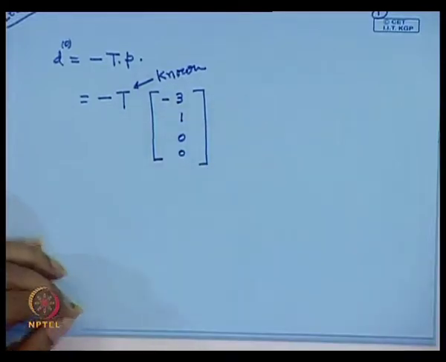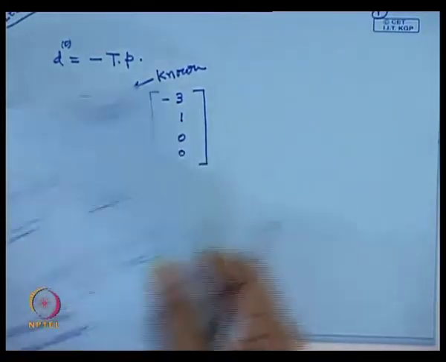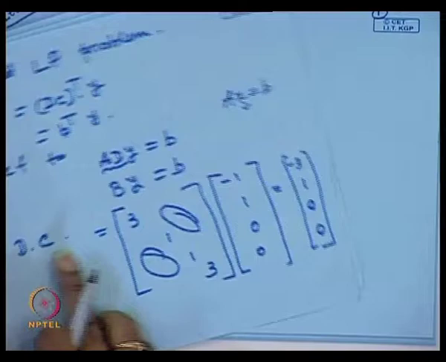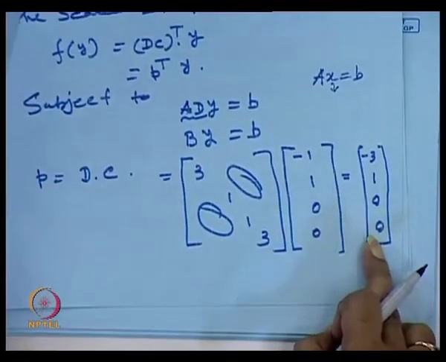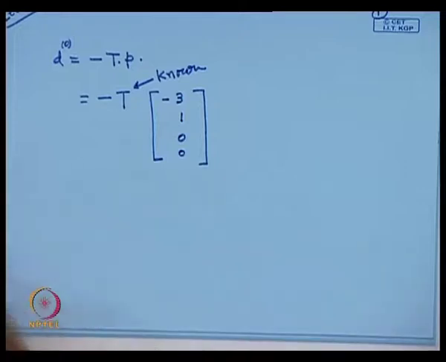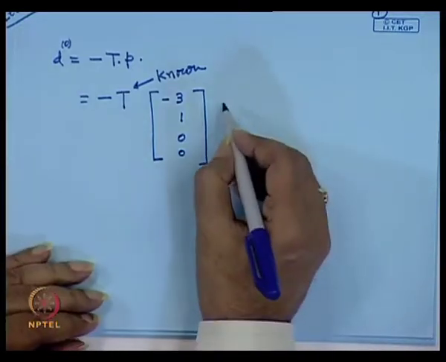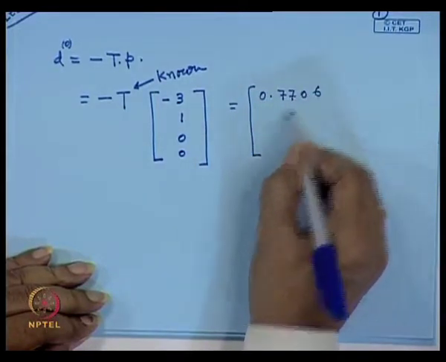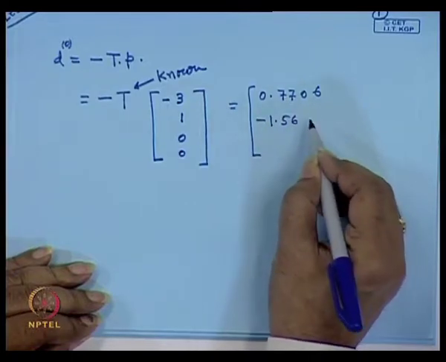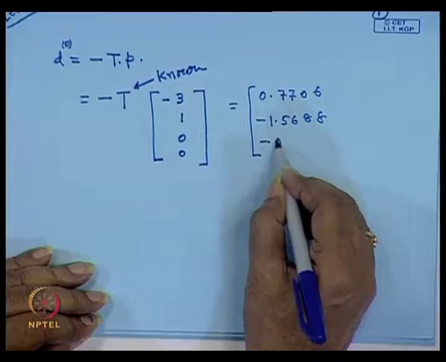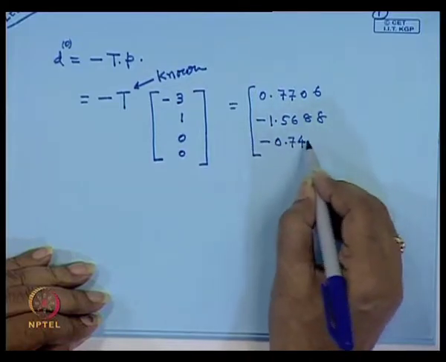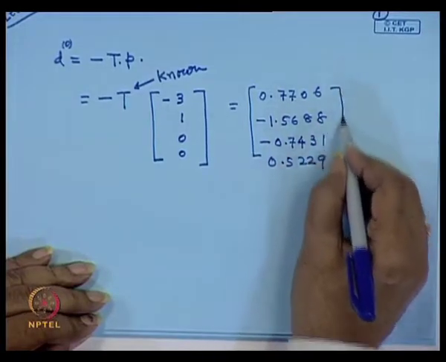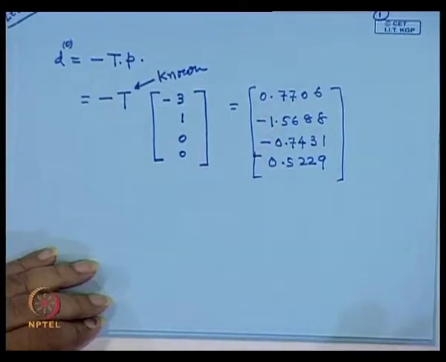P is equal to D into C. If you calculate this, it will come 0.7706, minus 1.5688, minus 7.431, then 0.5229. So, we know the descent direction, agree.